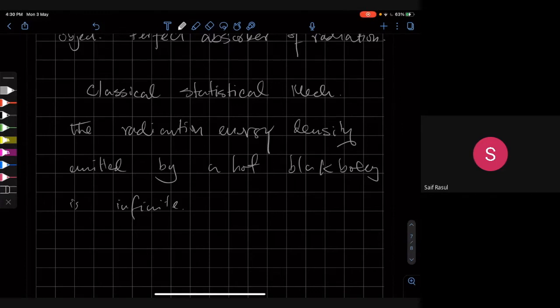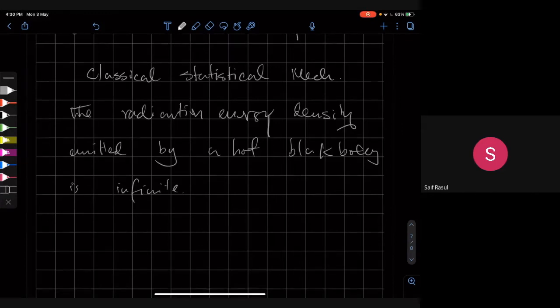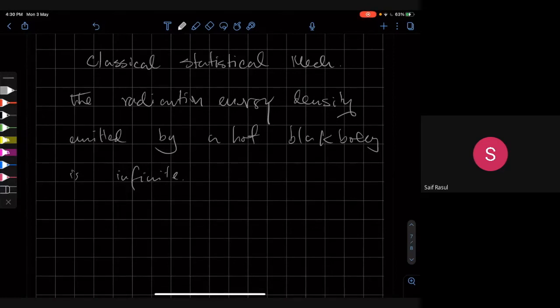Planck realized that the way to solve this is to assume that the atoms, which you can use to model the molecules or the oscillators of the wall of the black body, have energies that are quantized in units of some constant, which now we call h bar, where omega is the angular frequency.